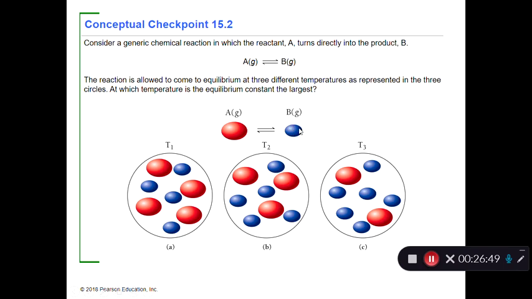More product means you just need to count which one has more blue color. As you see here, in this part, we have more blue color. So at T3, we have largest equilibrium constant because we have more products or we have less reactants.